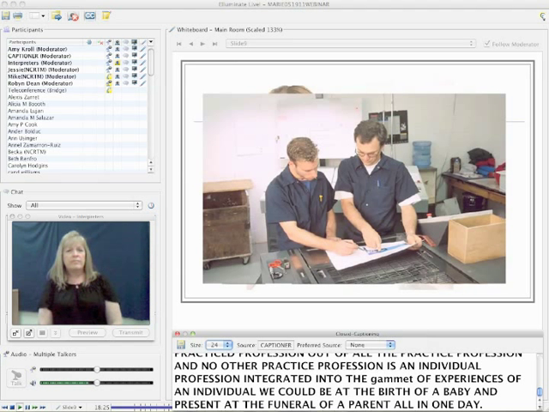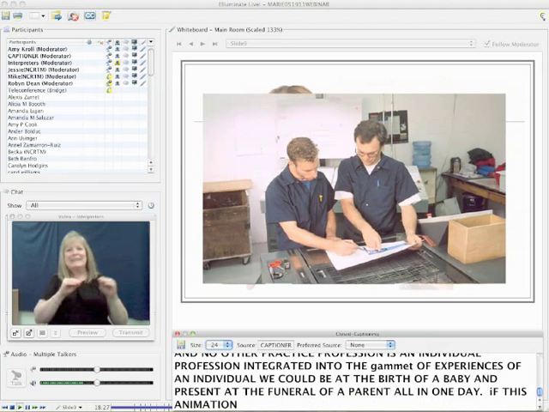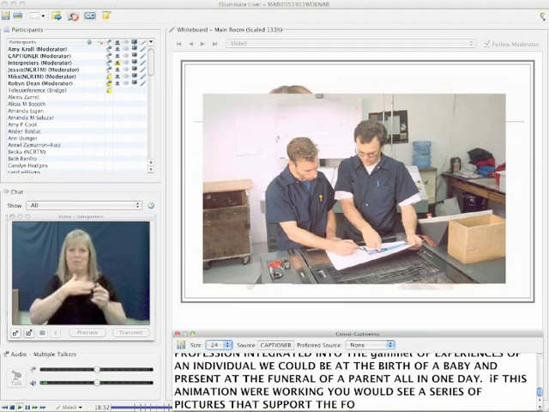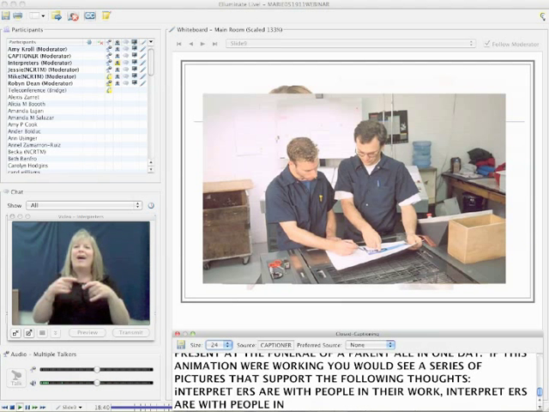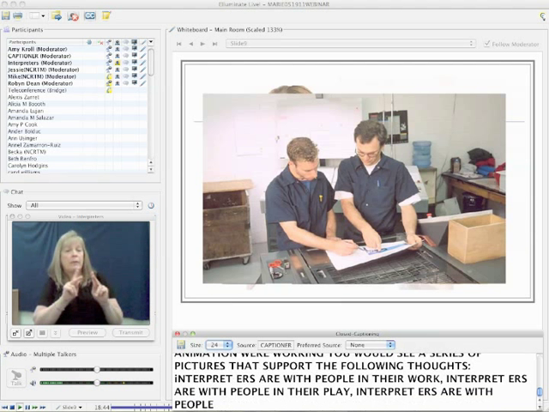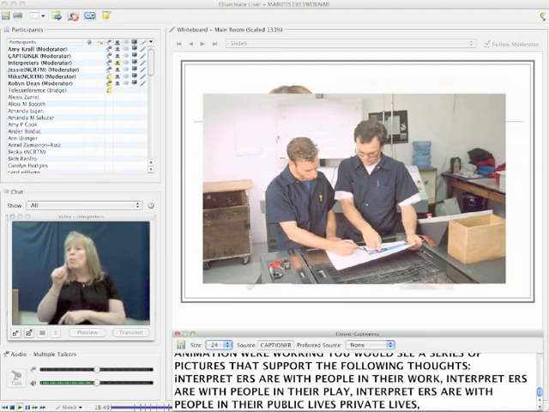If this animation were working, what you would see are a series of pictures that support the following thoughts. Interpreters are with people in their work. Interpreters are with people in their play. Interpreters are with people in their public lives, in their private lives, in their joy, and in their grief.